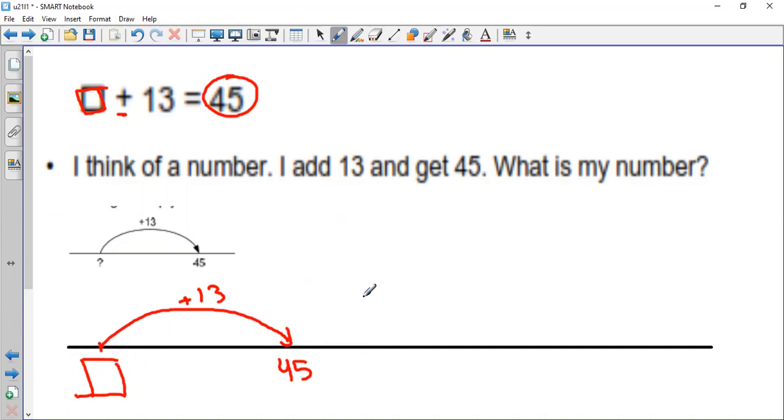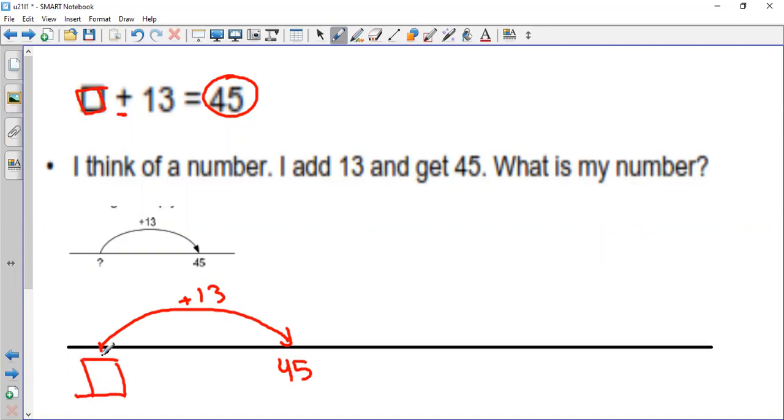How can I find the missing number here? I walked 13 steps forward and I reached 45. If I went back these 13 steps, I will reach the missing number because I reversed the action. So the story starts like this.